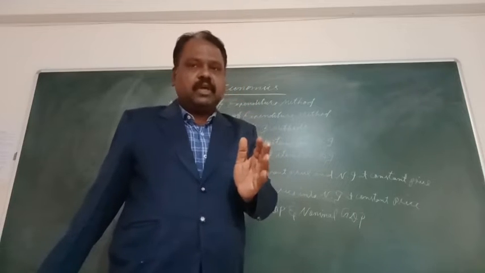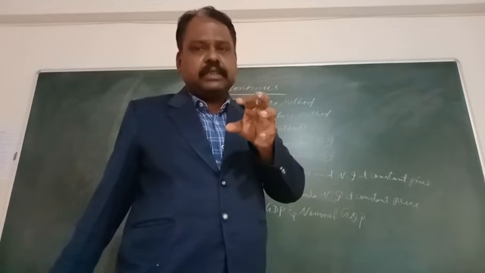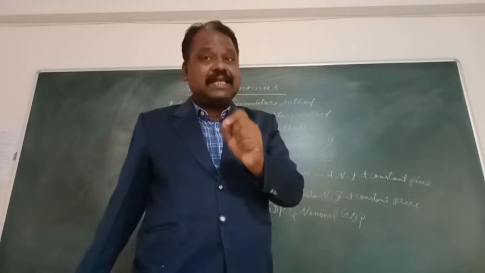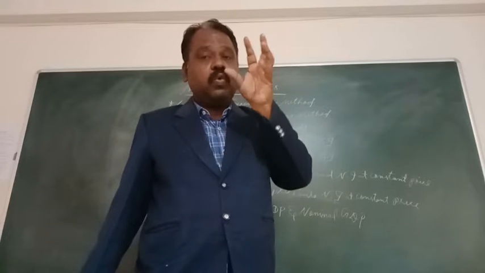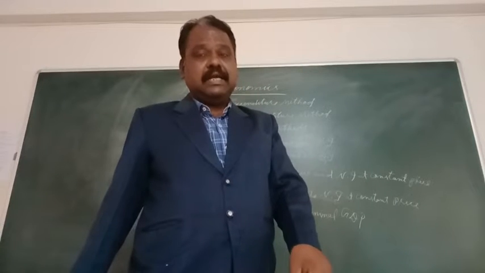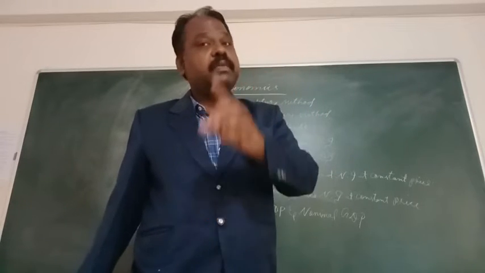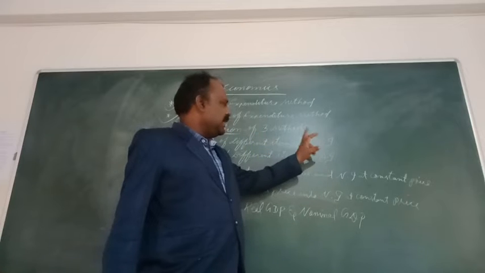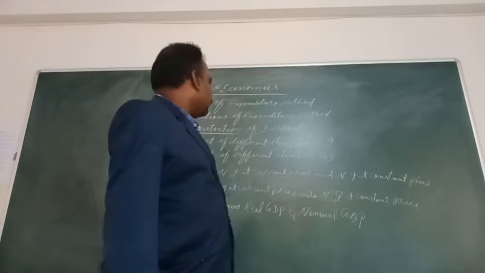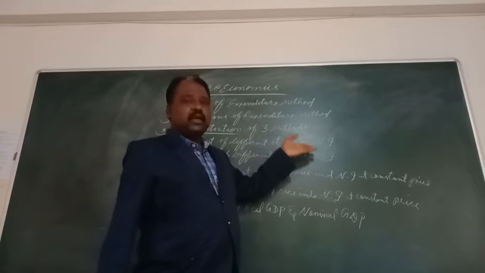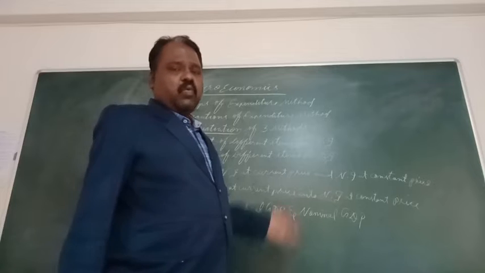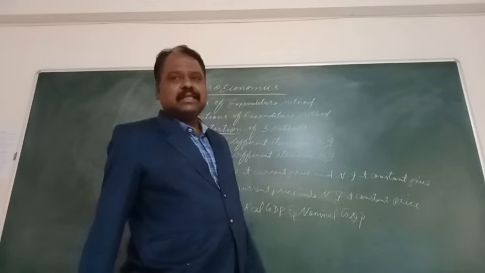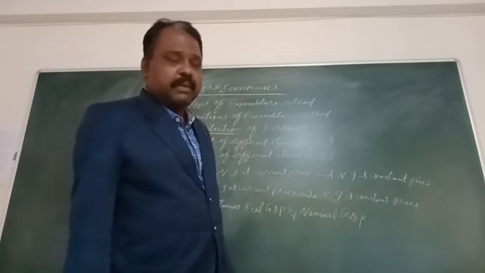Not only national income: while we are going to compute or measure national income or domestic income, at that time also we have to keep in mind which items should be included in the measurement and which items should not be taken into consideration. Is it clear, beta? Are you getting my point?